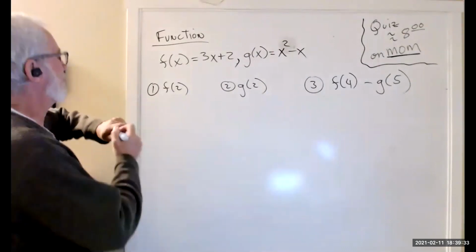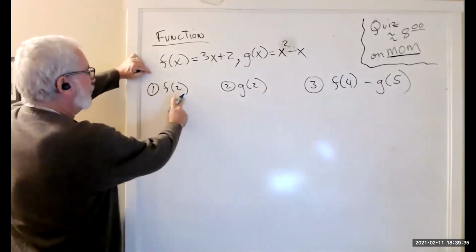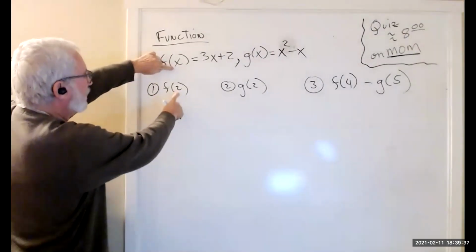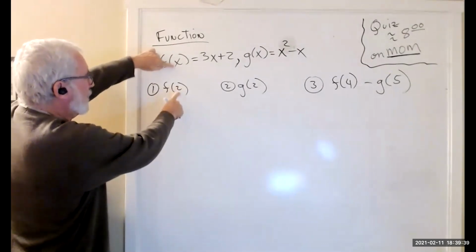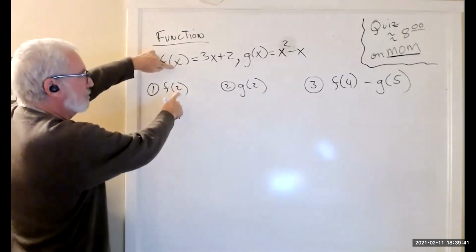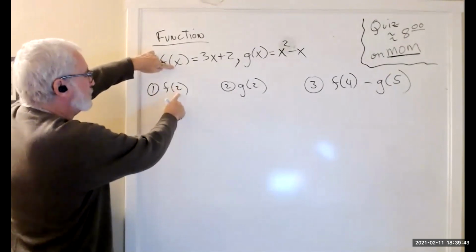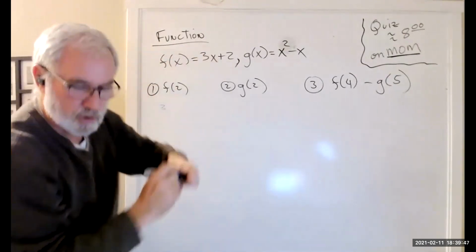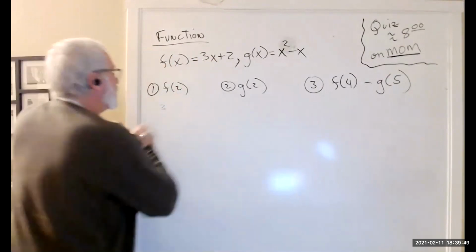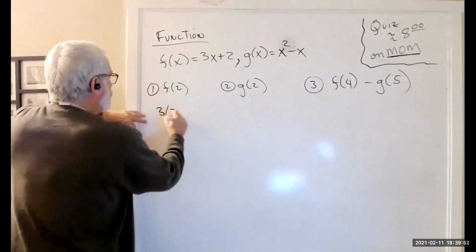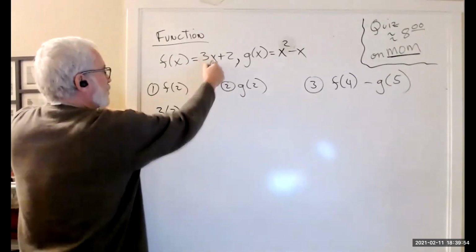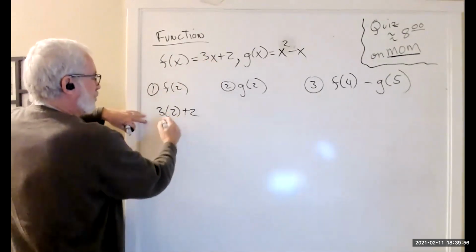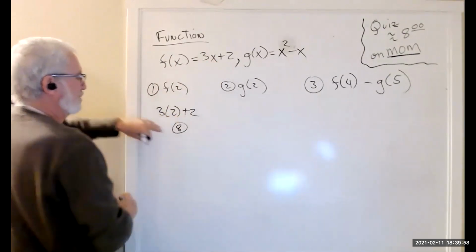Okay, so to find f of 2, literally, this is telling you put 2 in place of x. F of 2 means put 2 in place of x. So we're going to go 3 times 2 plus 2, because that's the rule that we use. So this is 6 plus 2, so this was 8.